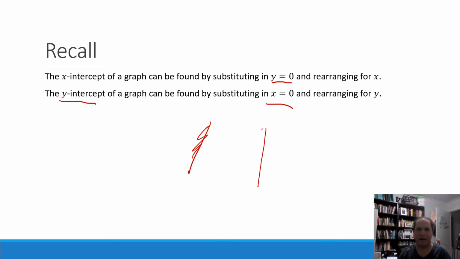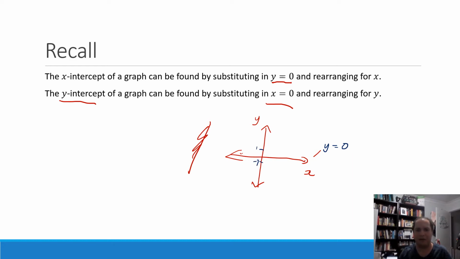So remember our Cartesian plane, x-axis, y-axis. Along our x-axis, the y value is 0. And then we go up to 1 and down to -1 from there.